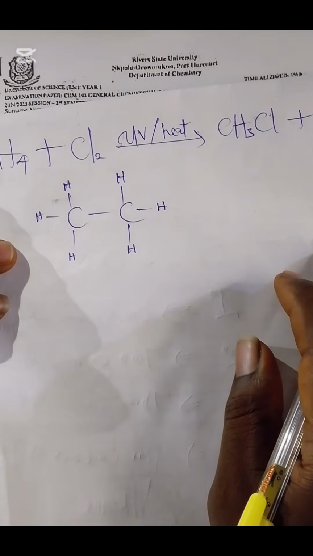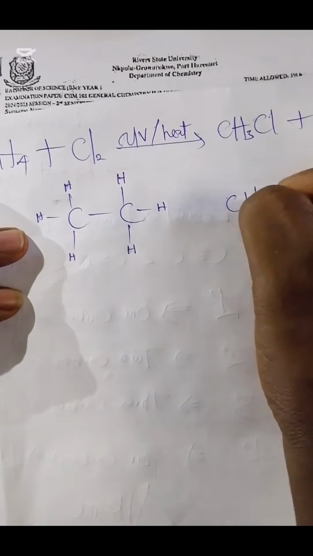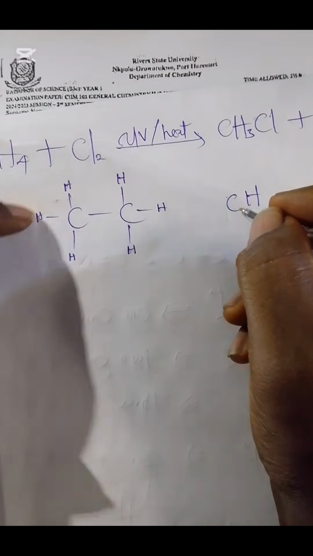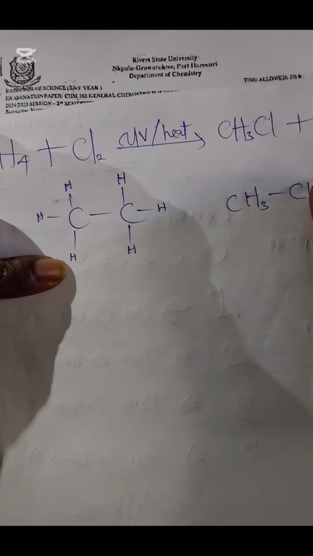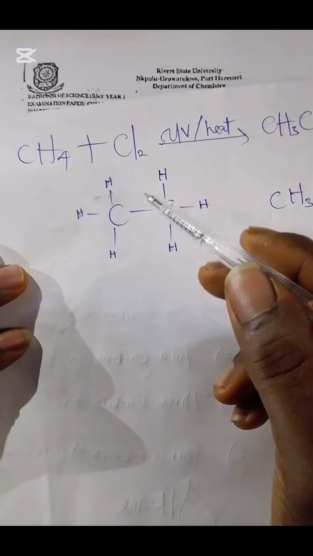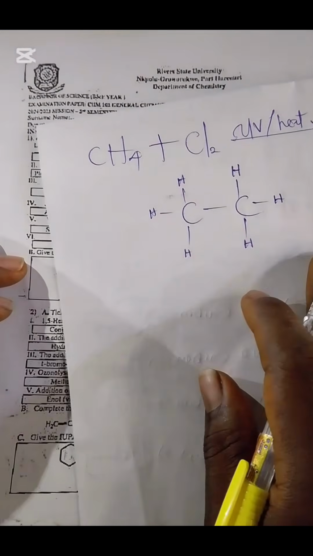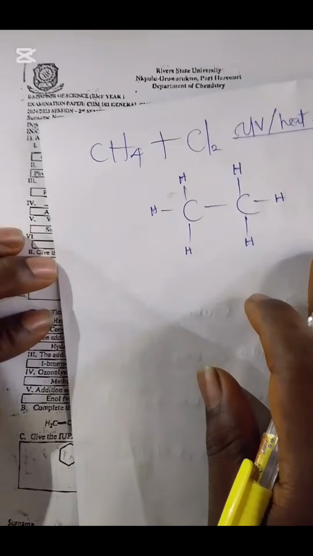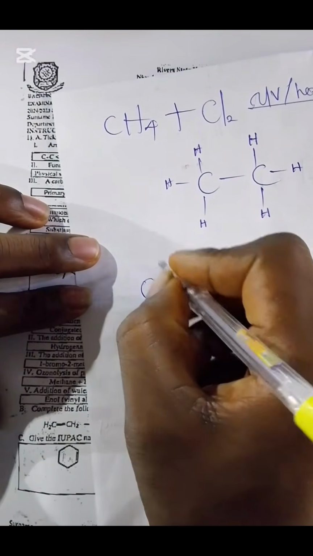Also note that another way of writing this is CH3-CH3. In this diagram, each carbon atom forms 4 sigma bonds. Let me emphasize sigma bonds and pi bonds. Let's consider a carbon atom.